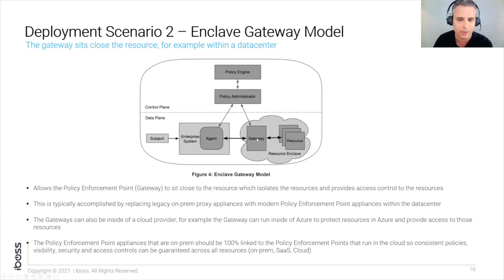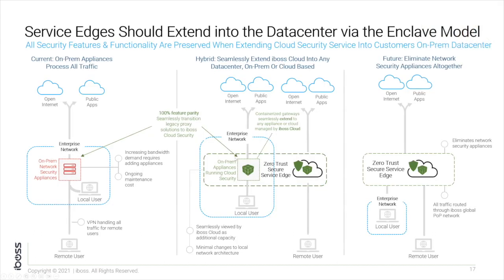The service should be able to geolocate the user and grant them access to resources without sending the traffic out to the cloud service and back, because that adds extra latency and is not optimal from a security perspective. It doesn't likely make any sense. But this is a really nice model. I think it's an important model.